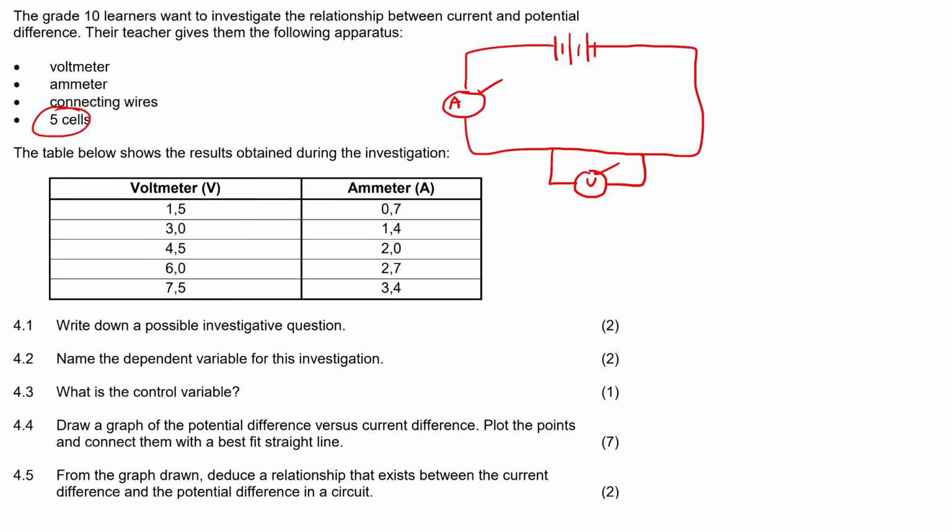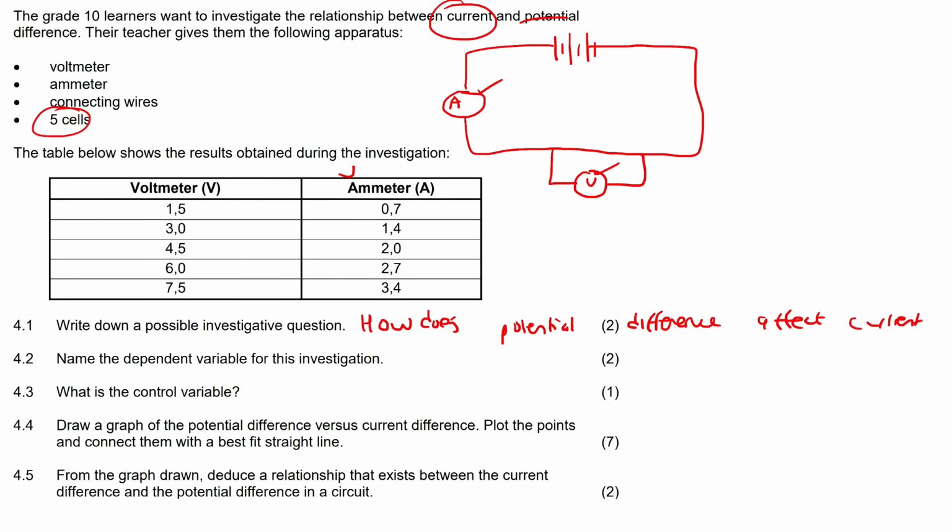So they changed this, and then they measured what effect it would have on that. So we could say, for example, how does voltage, or let's call it potential difference, affect, and then we've got here current.